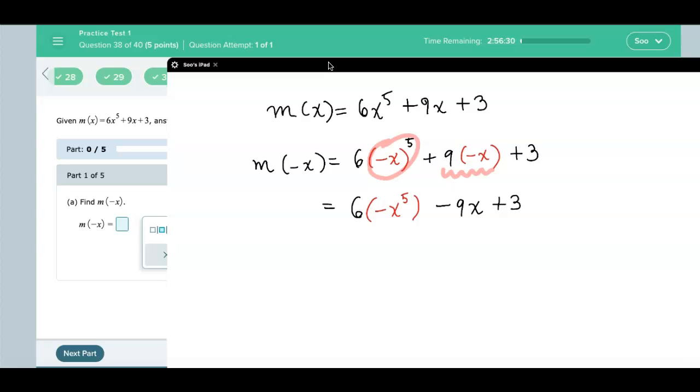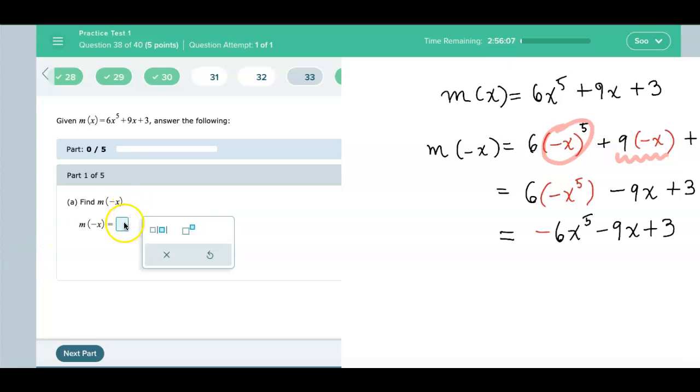And I can bring this negative sign in front of the 6 and write this as negative 6x to the 5th power minus 9x plus 3. All right, let me put this answer in the first box. Negative 6x to the 5th power minus 9x plus 3.